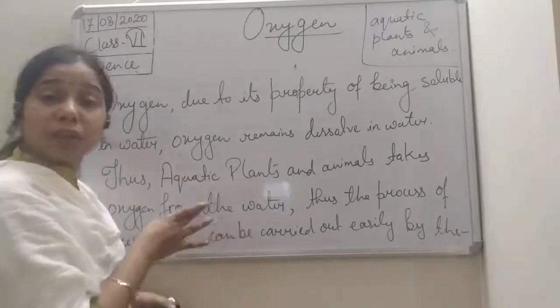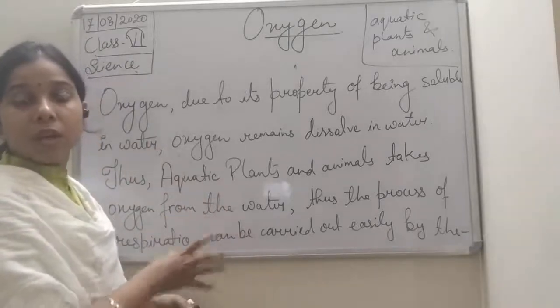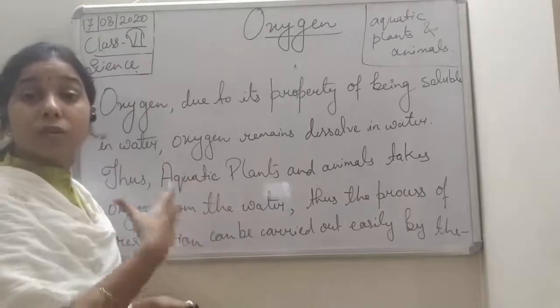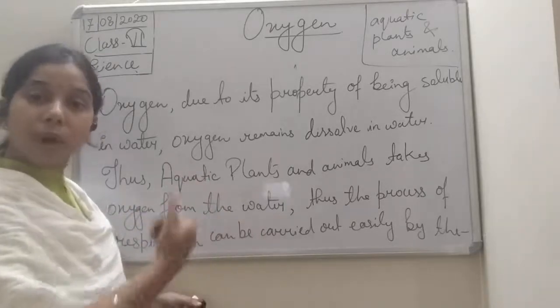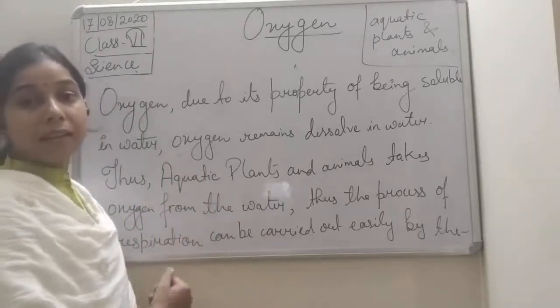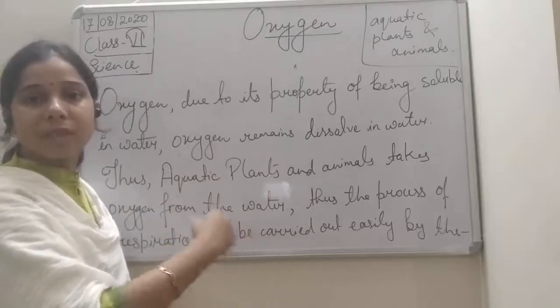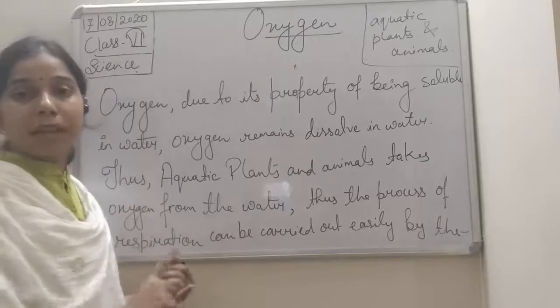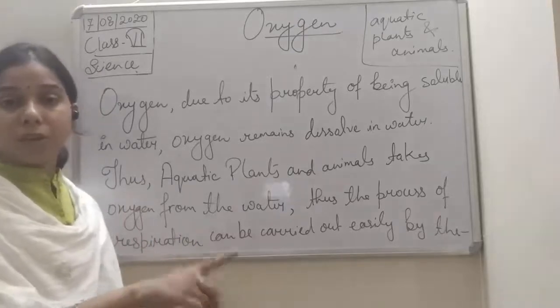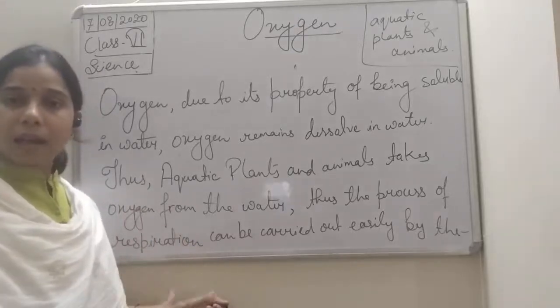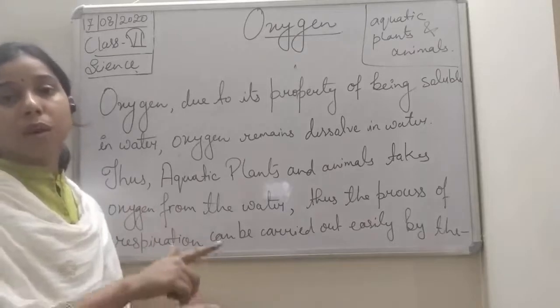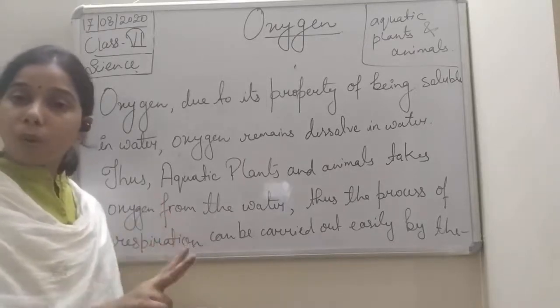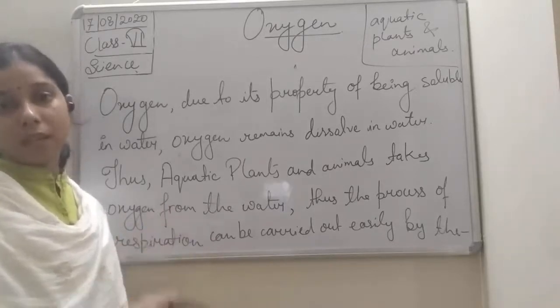So you see here, students, that since oxygen dissolves in water, they use the dissolved oxygen from the water itself, and finally they carry out the process of respiration. So respiration is shown by plants and animals living on land, as well as by plants and animals living in water. Both of them need oxygen and take oxygen.